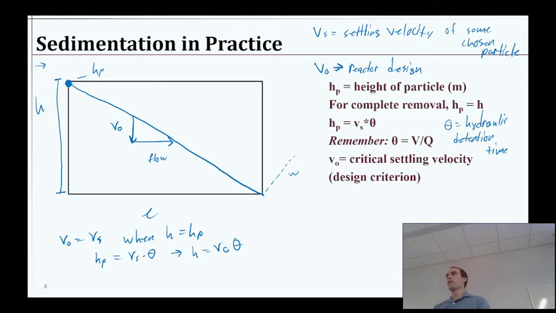And we have an equation that relates our reactor size and the flow rates we need, and that is theta is V over Q. So we'll rewrite this as H equals V naught times the volume of the reactor over the flow rate.